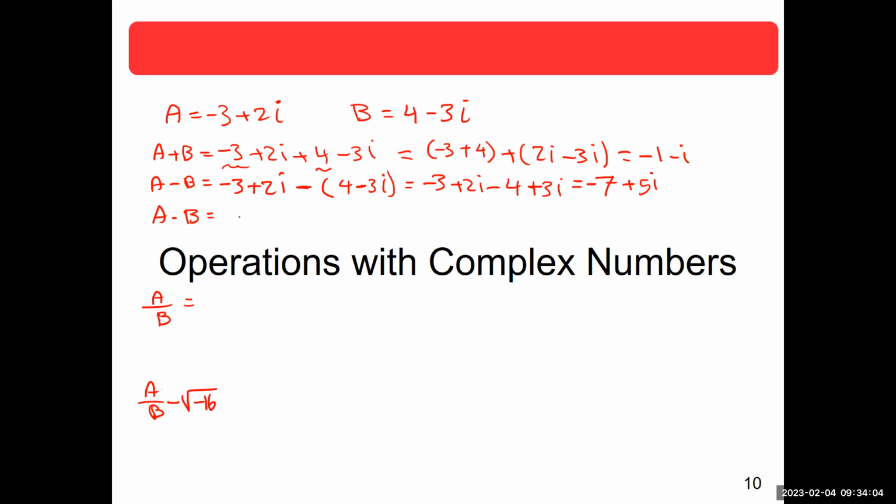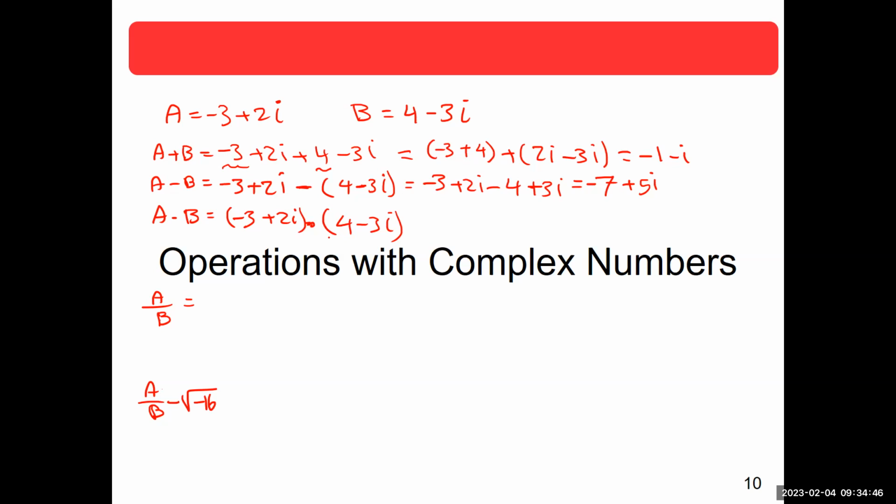Now multiplication. In multiplication, we put both of them in parentheses. -3 plus 2i, this is the A, multiplied by the B, which is 4 minus 3i. Here in multiplication, we can multiply real and imaginary, and imaginary times imaginary.